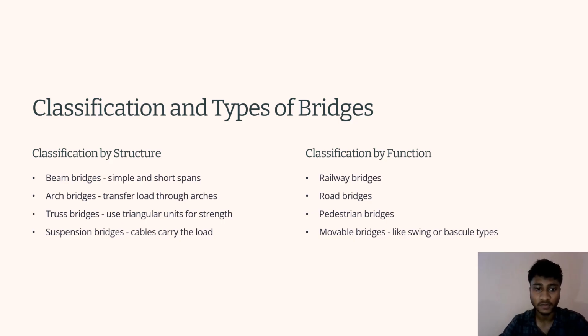Second one is arch bridges that transfer load through arches. Third one is truss bridges, which use triangular units for strength. And the fourth and final one is suspension bridges, which use cables to carry the load. In classification by function, the types are railway bridges, road bridges, pedestrian bridges, and movable bridges like swing or bascule types.